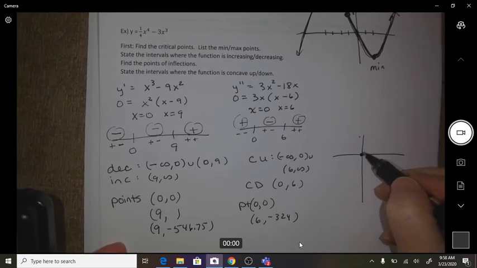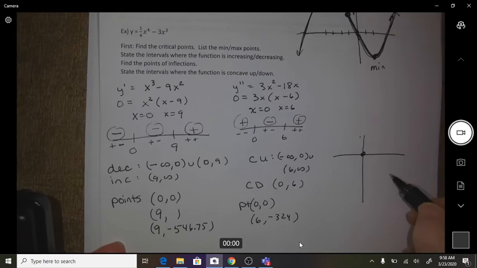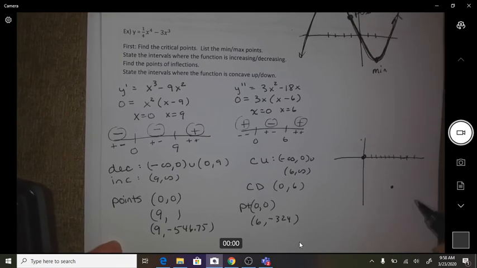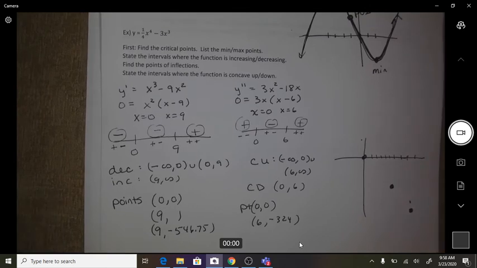So we have 0, 0, 6, negative 324, 9, comma, negative 547, or 4, yeah, 7-ish. What else do we have? 0, 0, I think that was it, right?